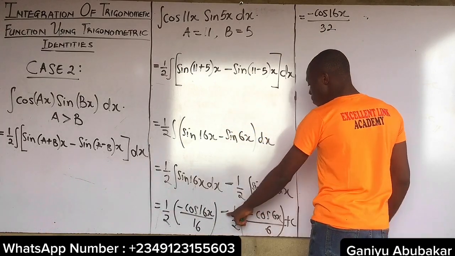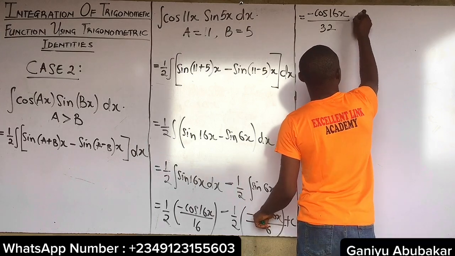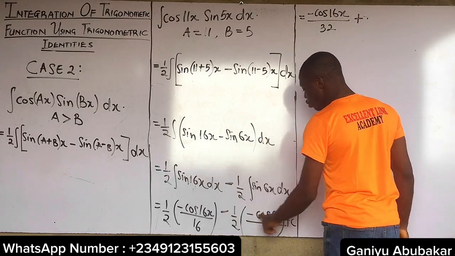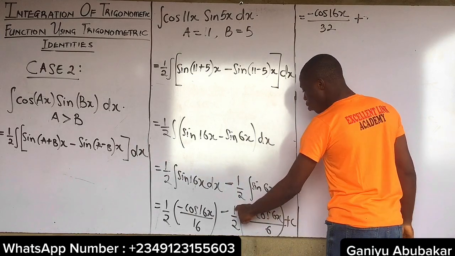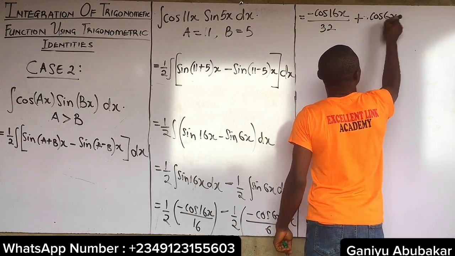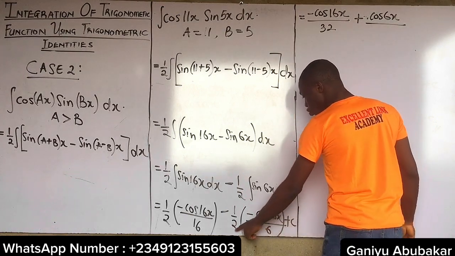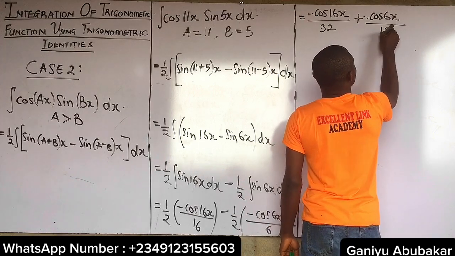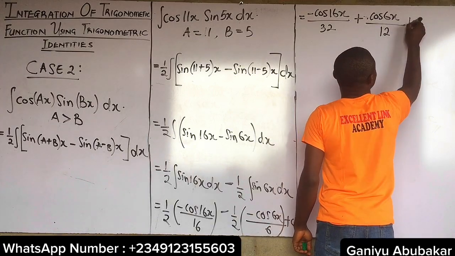I'm done with this. Minus minus is plus. Of course, observe, minus minus will give plus. 1 times cos 6x will give cos 6x, all over 2 times 6, which is 12. I have 12 here. Next up, plus c.